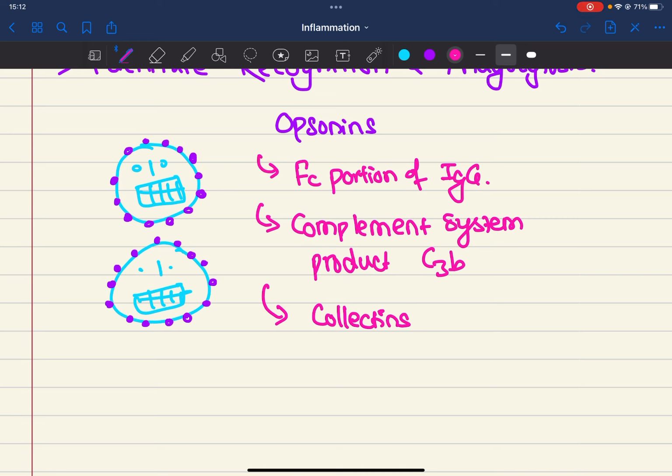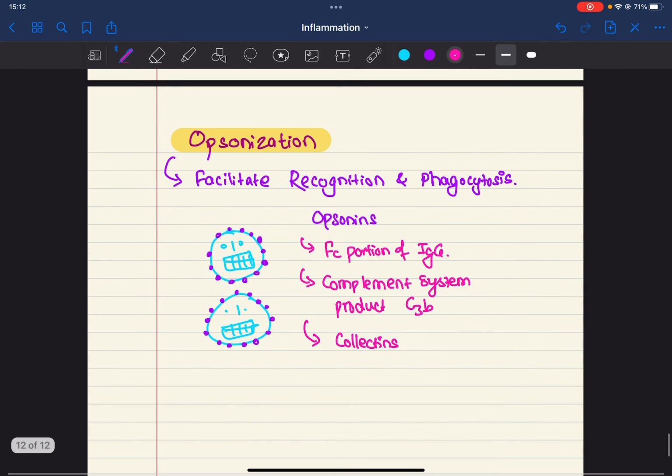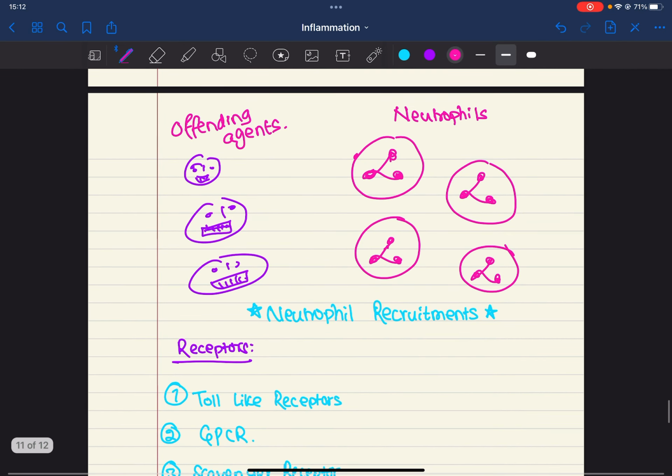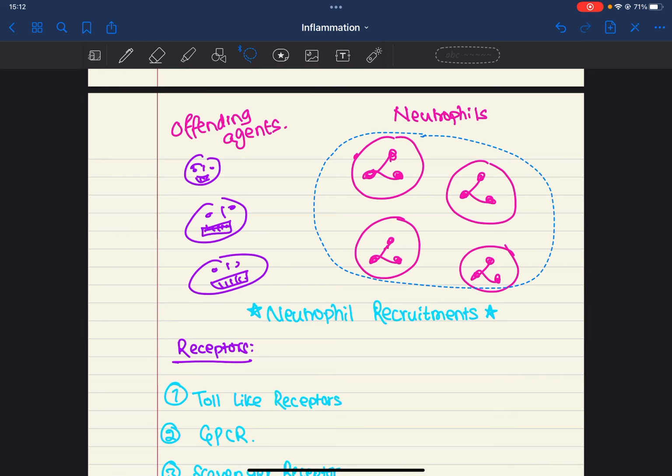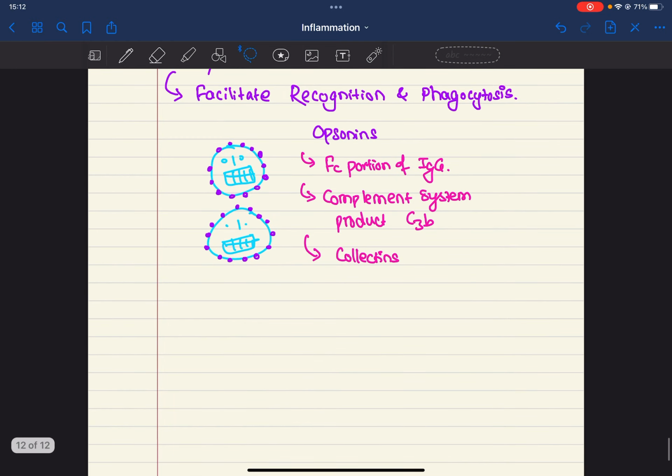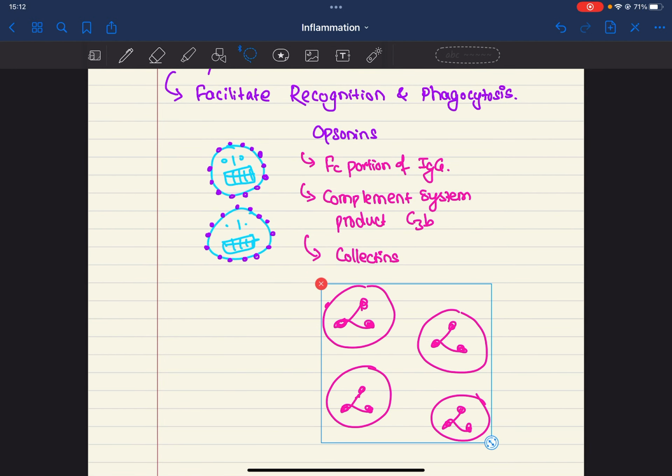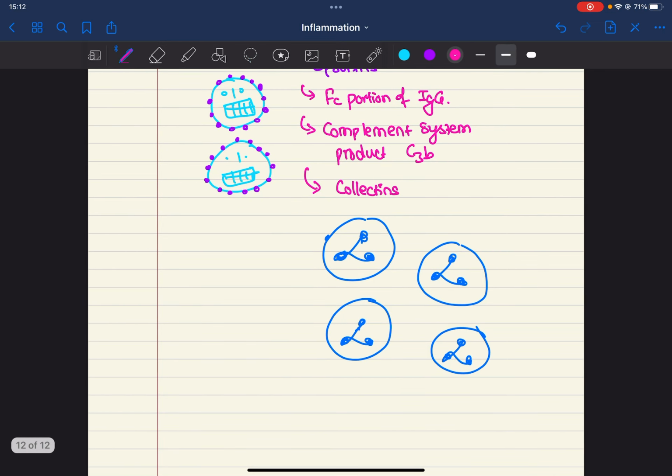So now these opsonins coat the bacteria or any offending agent, so our hero, the neutrophils, will now easily engulf these bacteria.